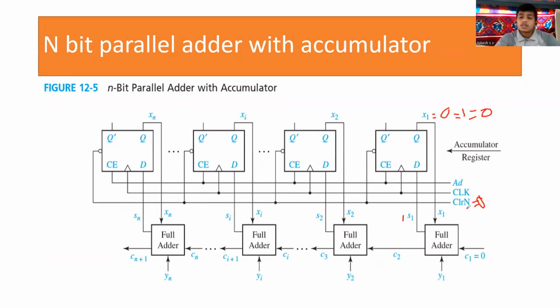If we provide clear signal equal to 0, it will reset all the flip-flops to 0, and we will provide the X value to the Y inputs and we add 0 to it. By adding any number with 0, we get the same number, and by providing one clock signal, the X value will be stored in the flip-flops.